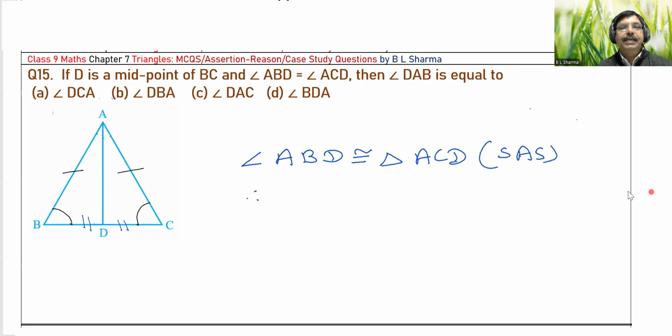By CPCT, angle DAB, because we need angle DAB, that is equal to angle DAC. So C is the correct option.